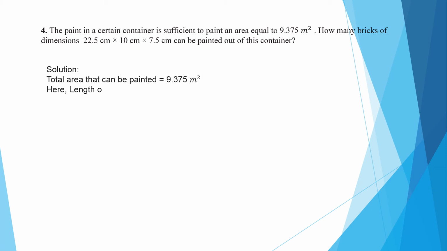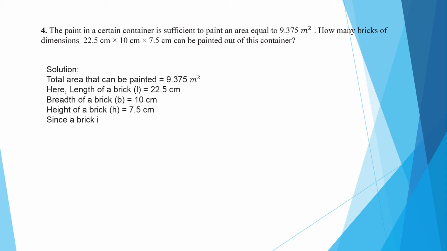Now here the length of a brick is 22.5 centimeter, breadth is 10 centimeter, and then height is 7.5 centimeter. Okay. Now since a brick is like a cuboid, the total surface area of a brick is equal to 2 times LB plus BH plus HL.